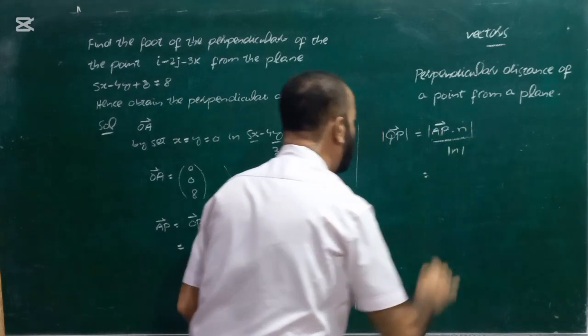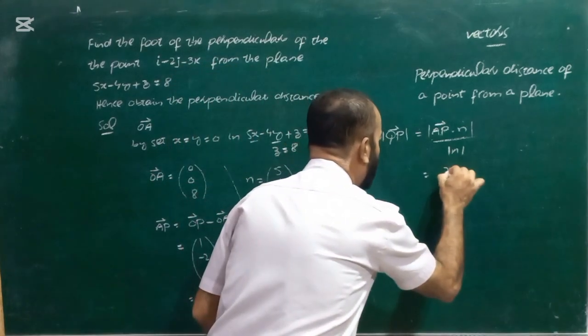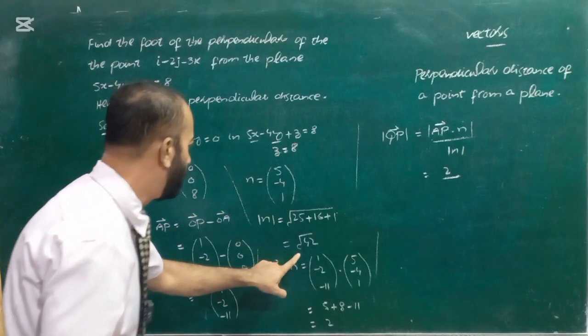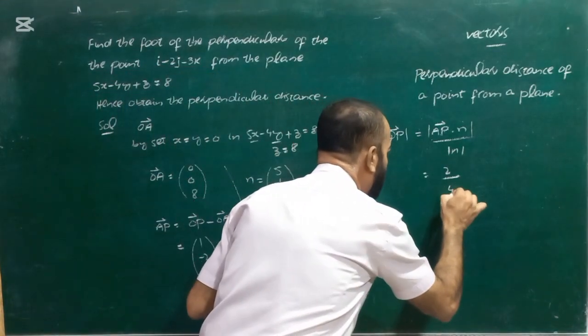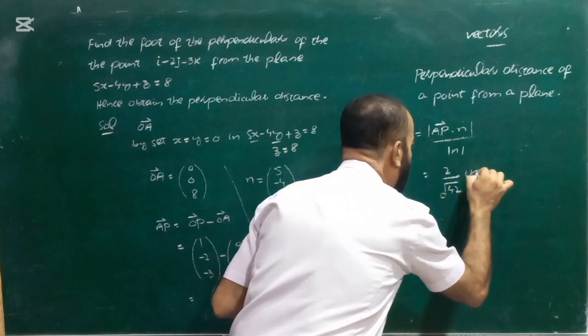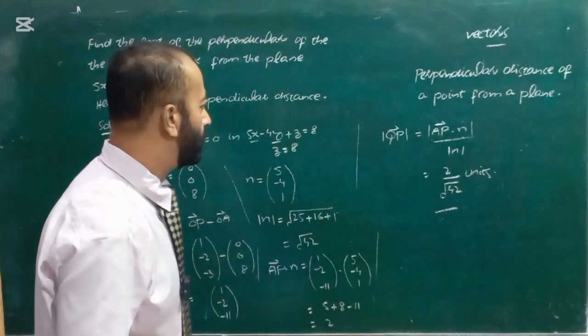So putting values into the formula, AP dot n is 2 and n magnitude is square root of 42. And because this is the perpendicular distance, units will be written with it. So this is the answer.